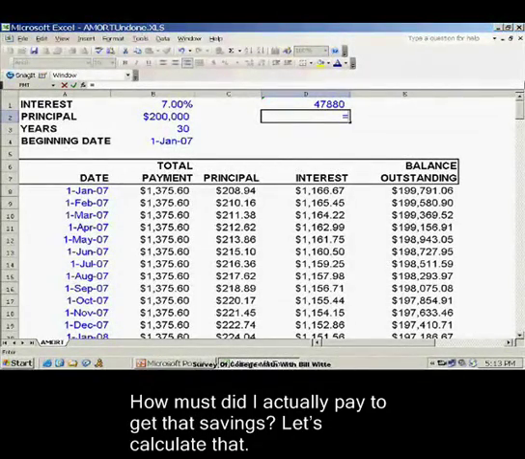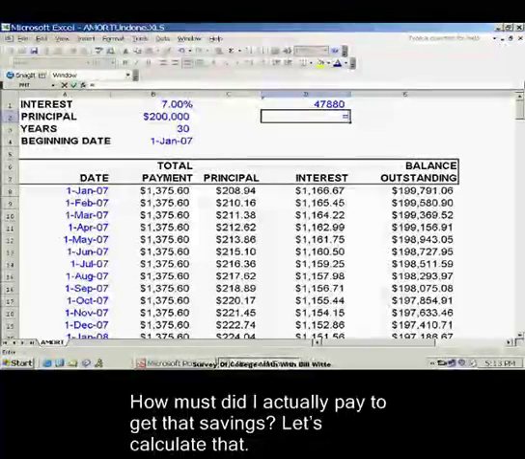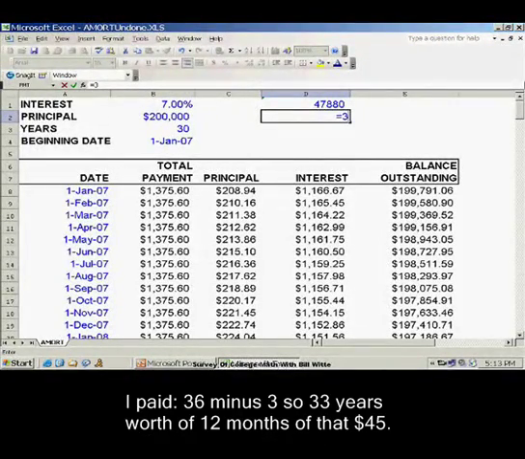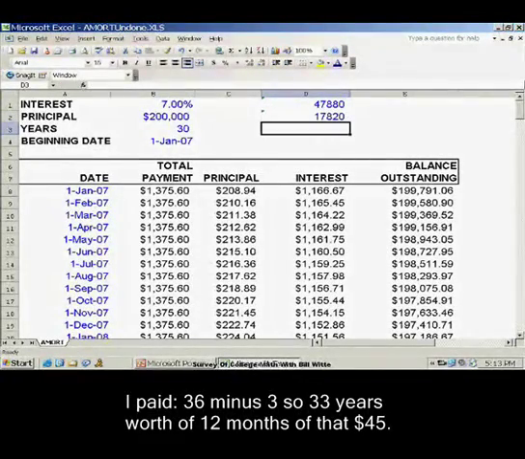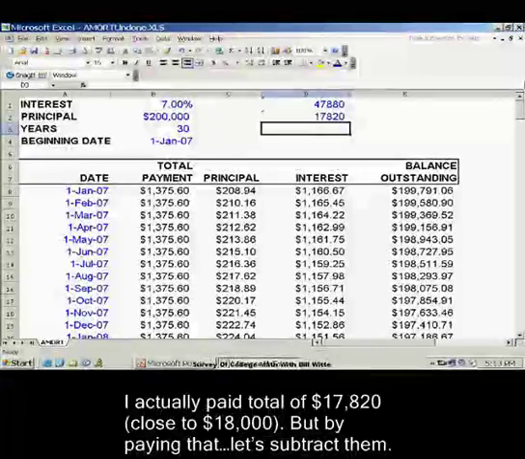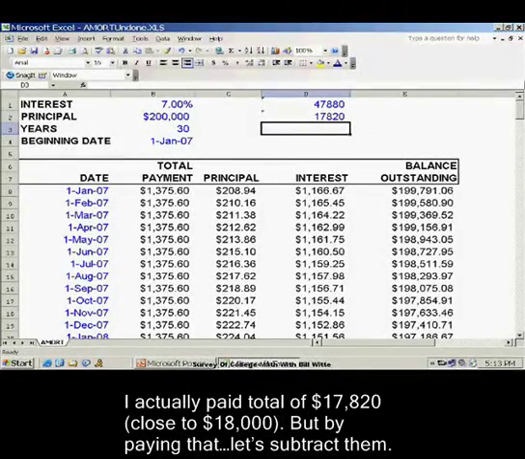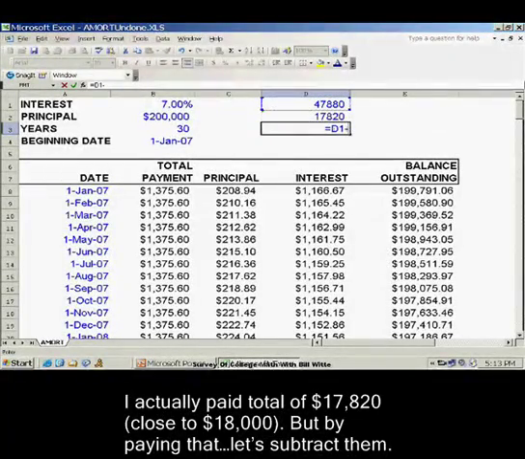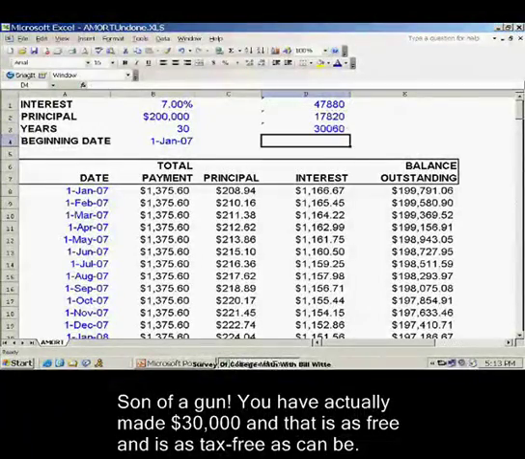I paid, well, let's see, 36 minus 3, so 33 years worth, 12 months of that $45. So times 45, I actually paid a total of close to $18,000. But by paying that, let's subtract them. One minus the other. Son of a gun.